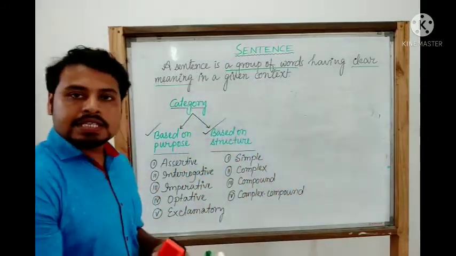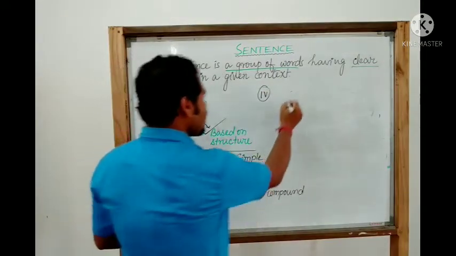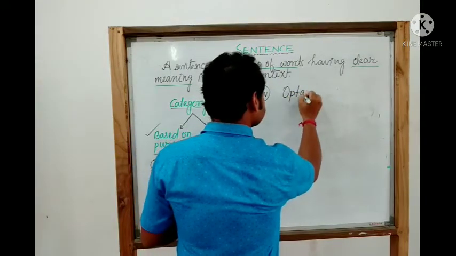After imperative sentence, in the 4th place we have the optative sentence.